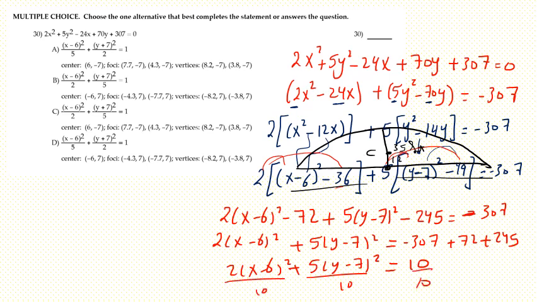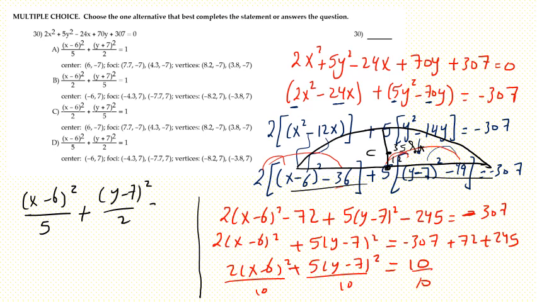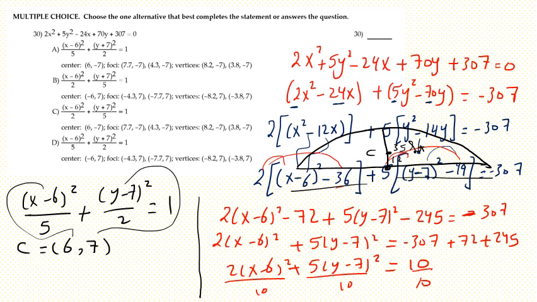So the final answer is going to be (x minus 6) squared over 5 plus (y minus 7) squared over 2 is equal to 1. So the center in this case will be 6 and 7, changing the sign of the value of x and of y. And so let's go to the questions. Center 6 and 7.